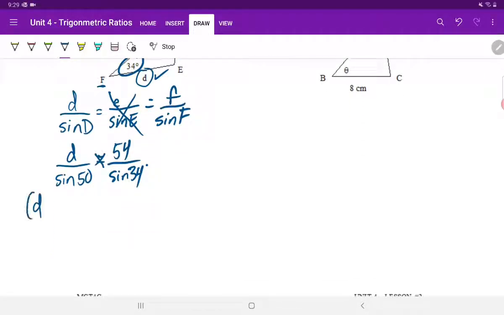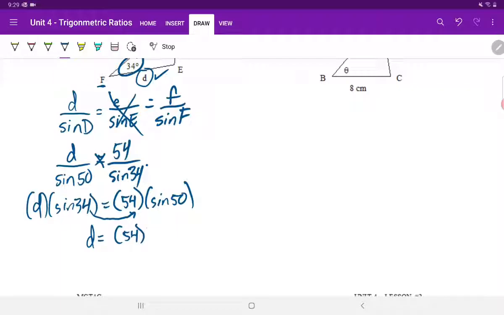So we get d times sine 34 is equal to 54 times sine 50, right? We need to solve for d. So what are we going to do to get d by itself? We are going to divide on the other side by sine 34. So d is equal to 54 times sine 50 divided by sine 34, and you get 74 centimeters.